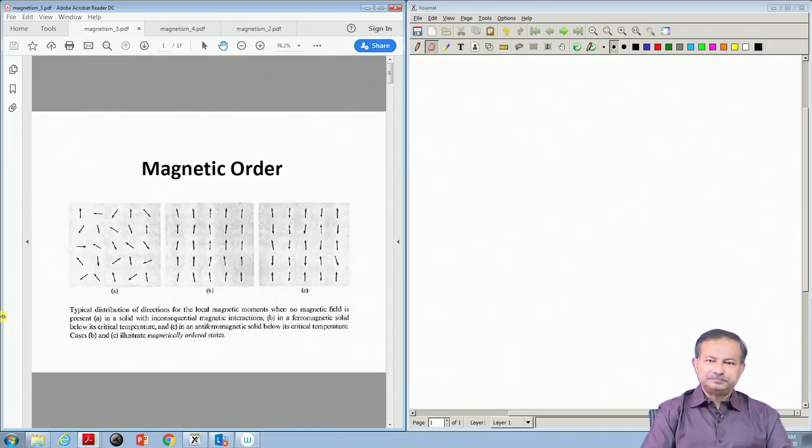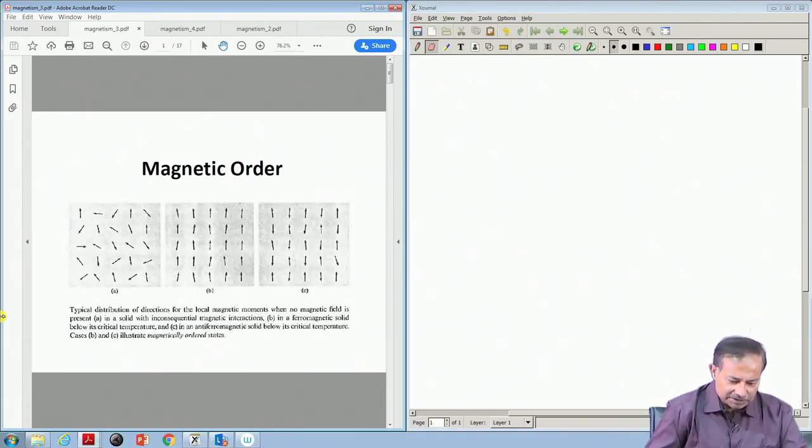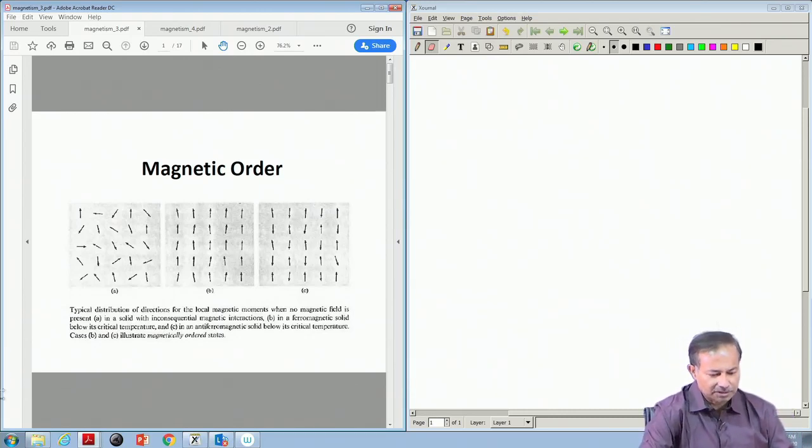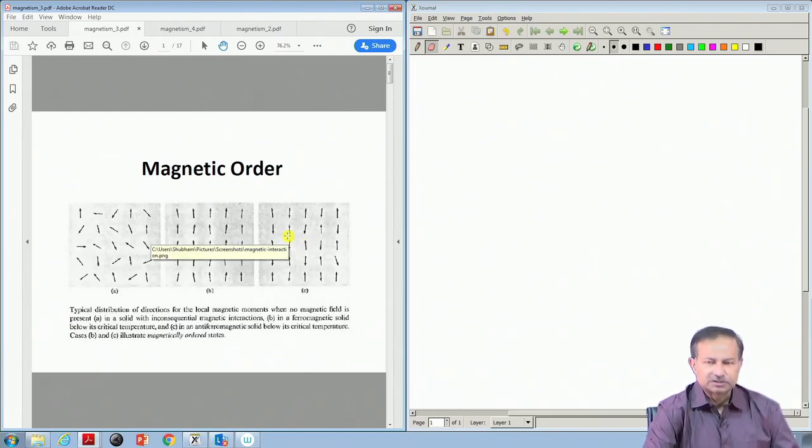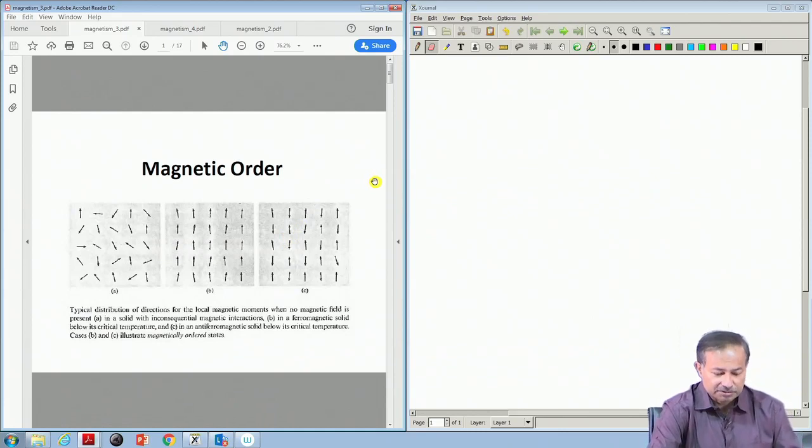I introduced in the last class that these are systems which very commonly occur, for example iron, nickel, cobalt, and their oxides, some of which are antiferromagnets. So, iron, nickel, cobalt, for example, are ferromagnets with magnetic order, which is shown here.